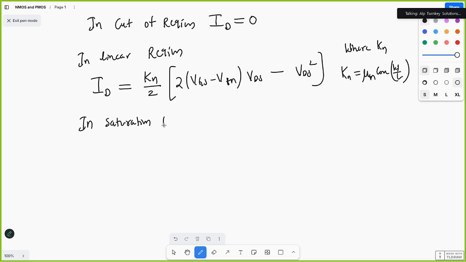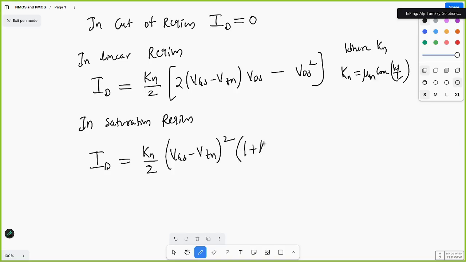In saturation region, ID equal to Kn by 2 into (VGS minus VTN) whole square. If you consider channel length modulation, then you get 1 plus lambda into VDS.